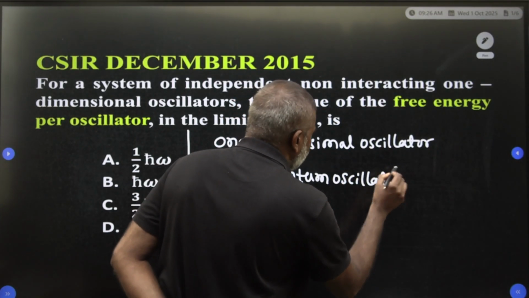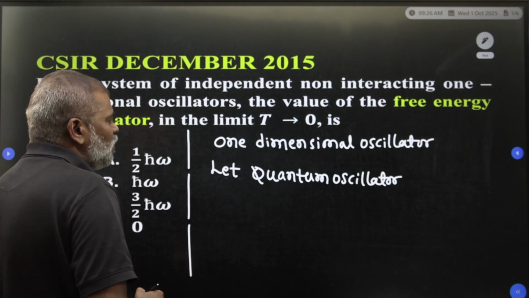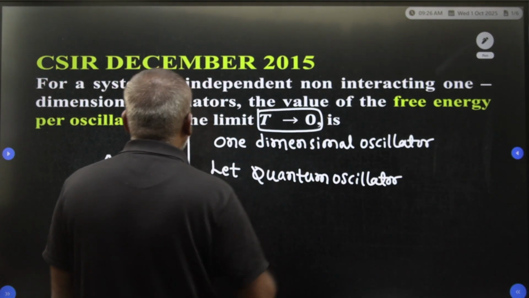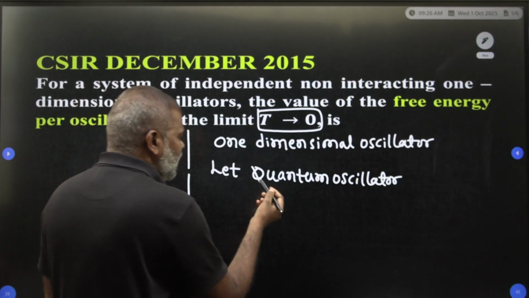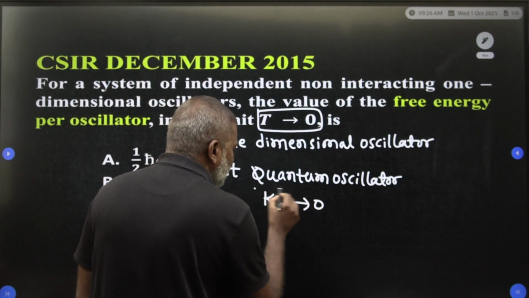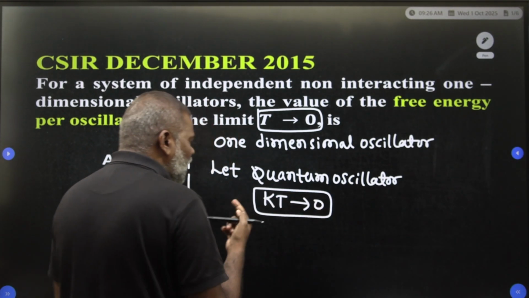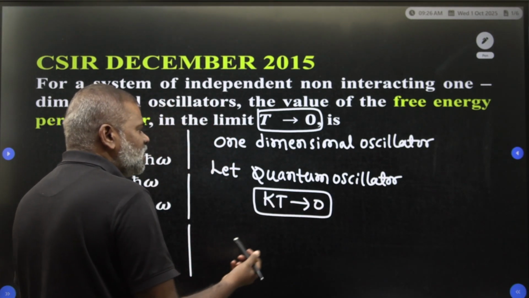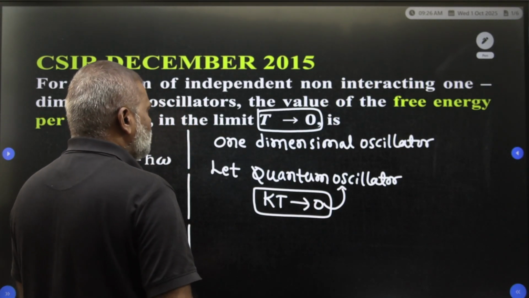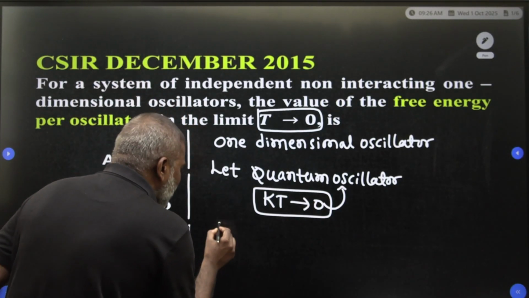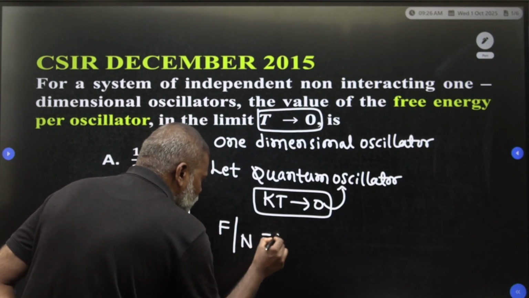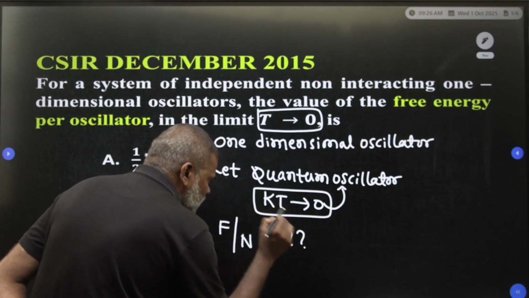At the T tends to 0 limit they are giving, so T tends to 0 means kT tends to 0. When kT tends to 0, such an oscillator we call a quantum oscillator. What they are asking is the free energy per oscillator.